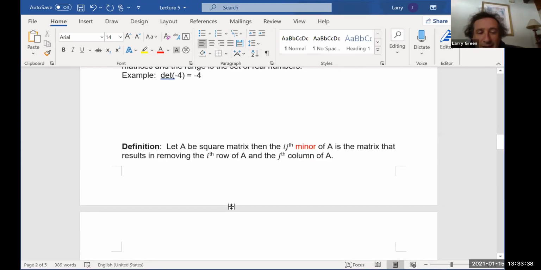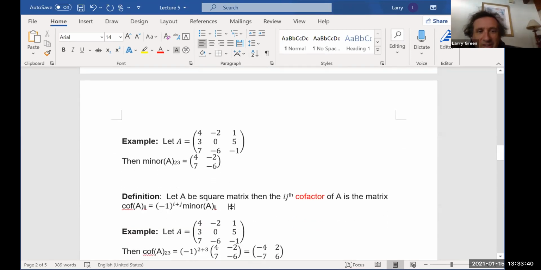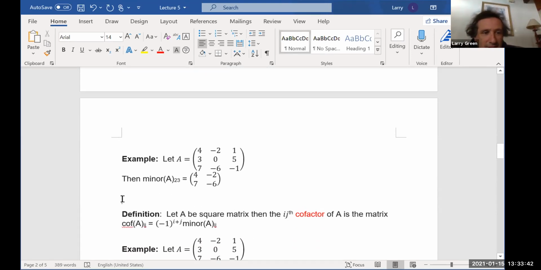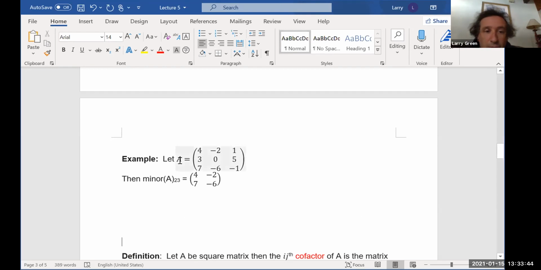Okay, so now we have minor. Here's an example, by the way. Here is a 3 by 3 matrix. A is 4, -2, 1, 3, 0, 5, 7, -6, -1. If I want to find the 2,3 minor of A, what that means is I take away the second row, so this 3, 0, 5 is gone.